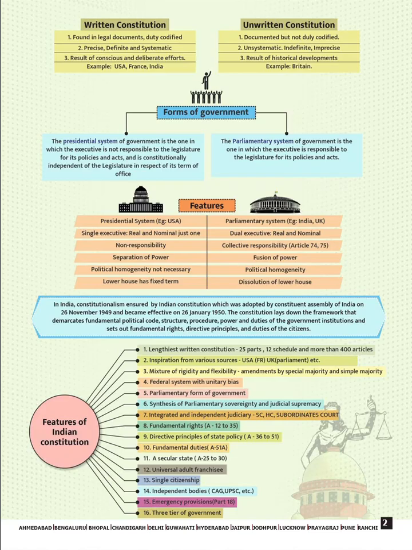In parliamentary system, collective responsibility, Article 74 and 75. In presidential system, there is separation of power, and in parliamentary system, there is fusion of power. In presidential system, political homogeneity is not necessary. In parliamentary system, political homogeneity is necessary. In presidential system, the lower house has a fixed term. In parliamentary system, there is dissolution of the lower house.